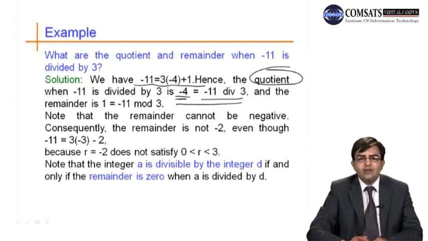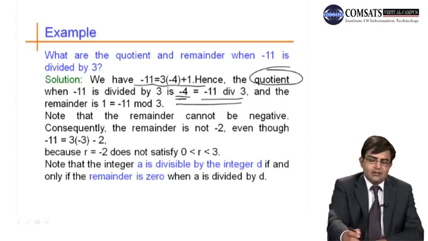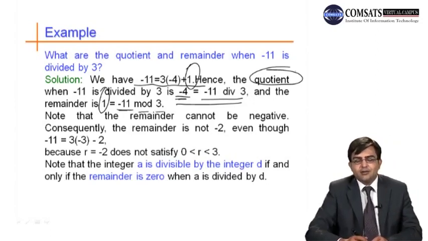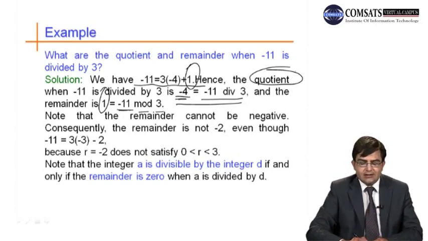And the remainder, how do we write it? The remainder is 1, and we write remainder is equal to minus 11 mod 3. So this is basically the notation. We shall discuss it in further detail in the next lectures.